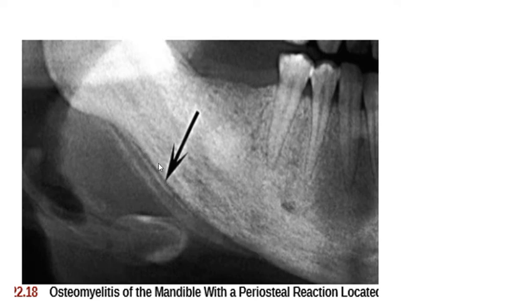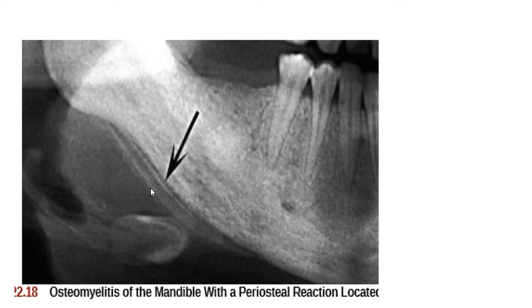This is the original cortical layer, the cortical margin of the bone, and because of inflammation a new bone layer formed, several new bone layers associated with the inflammatory process.